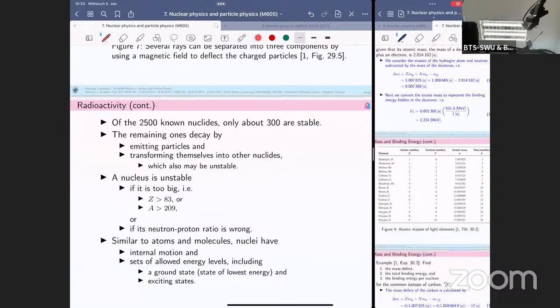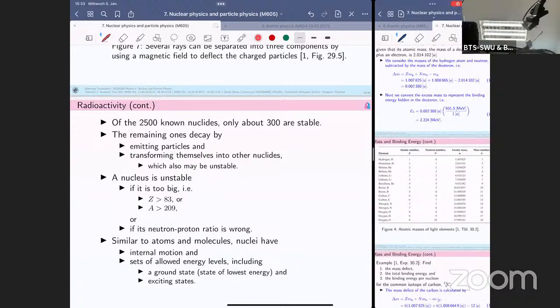It means they are stable, and we can still see them every day. The remaining ones decay by emitting particles and transforming themselves into other nuclei, which may also be unstable.